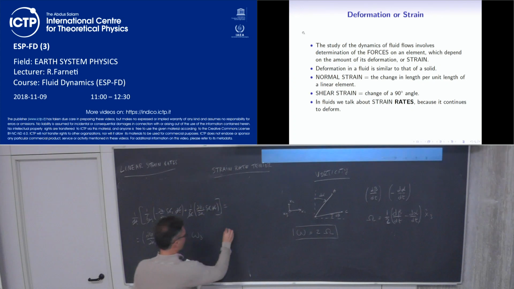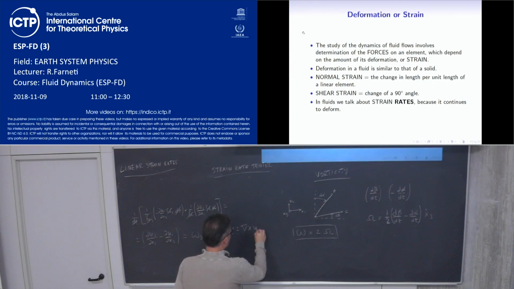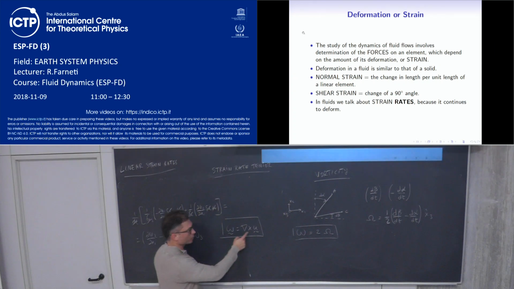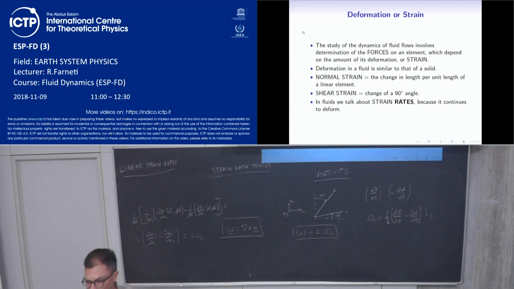And now you can generalize this. Okay, if you generalize to the three components, the vorticity vector will be equal to the curl of the velocity vector.